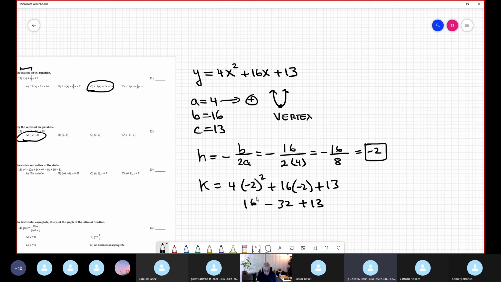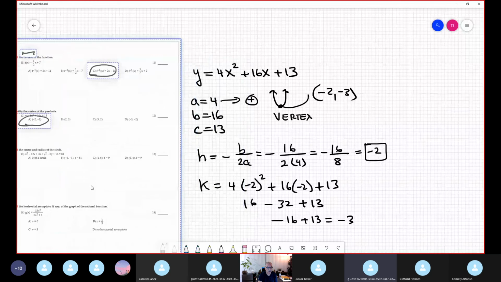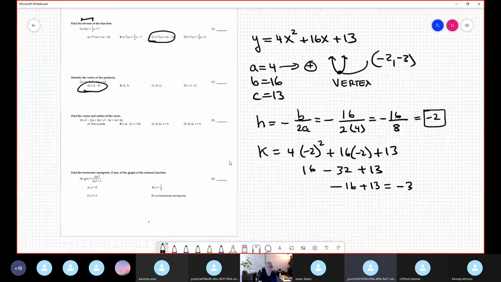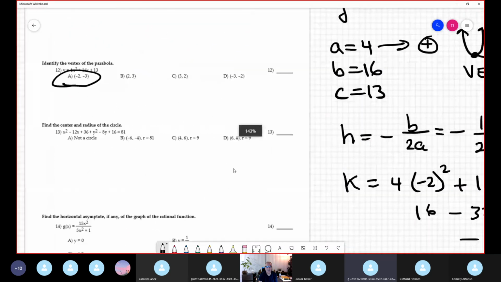And 16 minus 32 is negative 16, and negative 16 plus 13 is minus 3. So actually, this point is negative 2 comma negative 3. It's exactly the same, we select option A. Look at that.